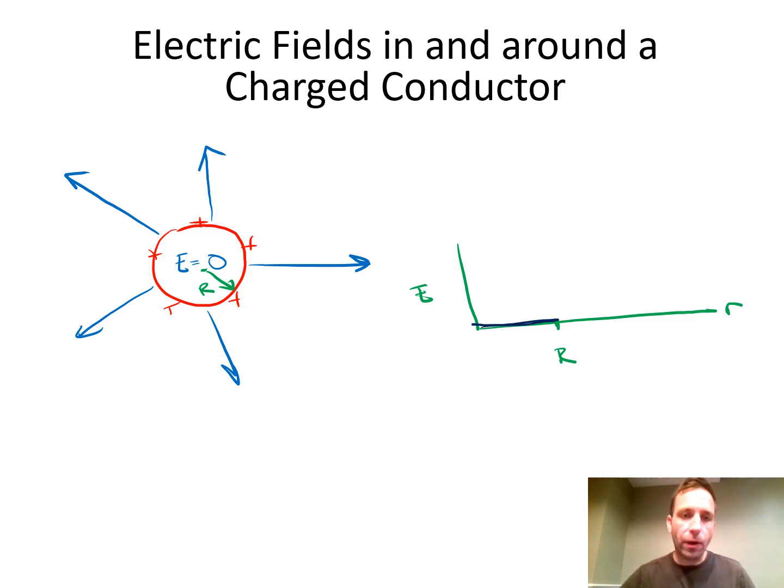And then everywhere outside the conductor, we can treat this as if it were a point charge with all the charge at the center. And we know the formula for that one would be kQ over r squared. So this is a curve that's an inverse square law. This is proportional to 1 over r squared. And its exact value right here would be kQ, the charge on that conductor, over capital R, the radius of that conductor.